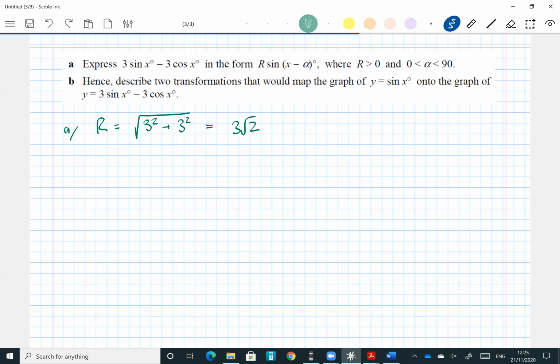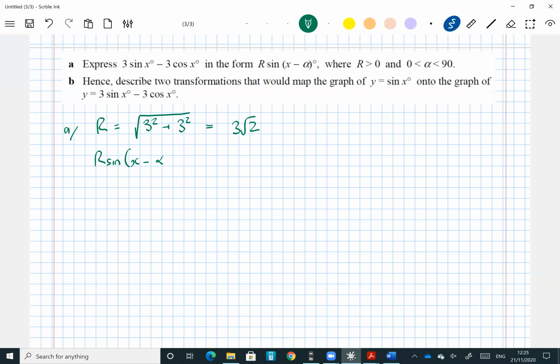Then expand the given form. So r sine of x minus alpha equals r sine x cos alpha minus r cos x sine alpha, and compare the coefficients. So sine x has a coefficient of 3, then there's a minus sign that matches. Cos x also has a coefficient of 3.